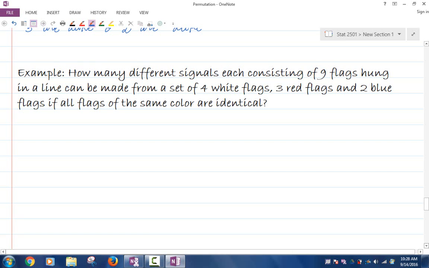So what should be the answer? One possible signal may look like you have red, red, red, white, white, white, white, blue, blue, right?